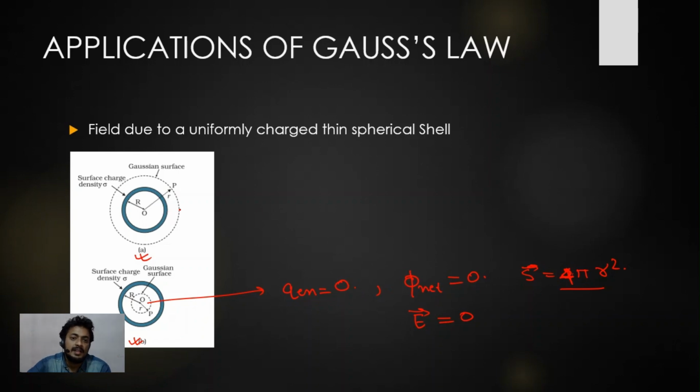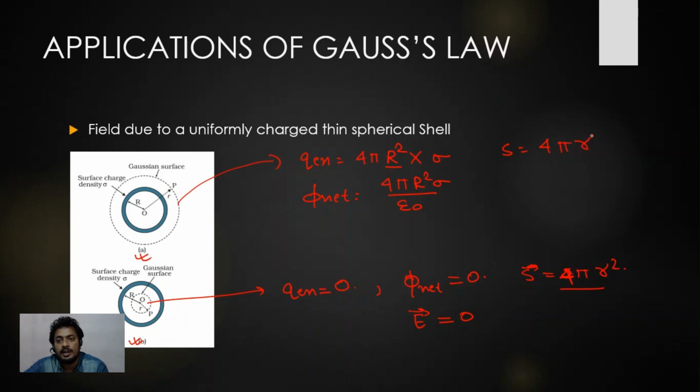Now for the exterior of the shell, Q enclosed will always be equal to 4 pi capital R square, where R is the radius of the spherical shell, into sigma. Correct. Now flux will be equal to 4 pi R square sigma by epsilon, and the area at any radius r will be 4 pi r square.